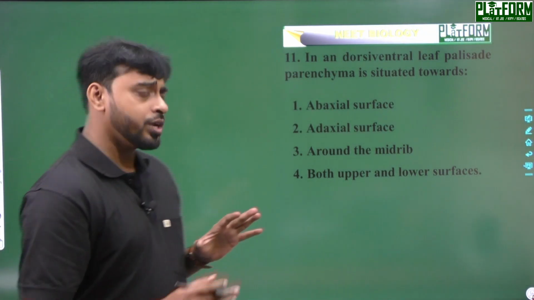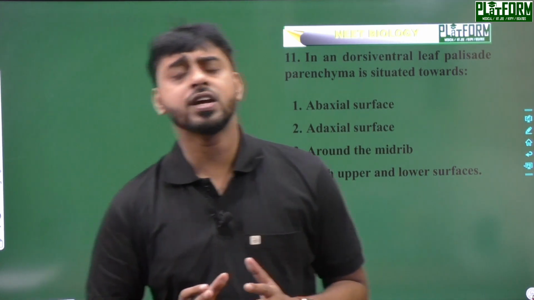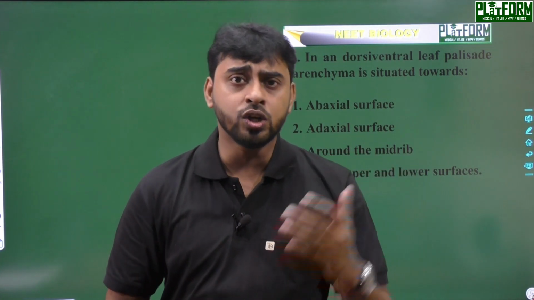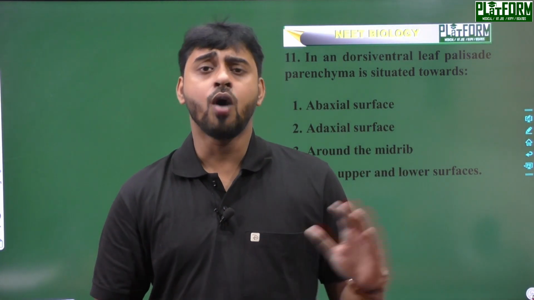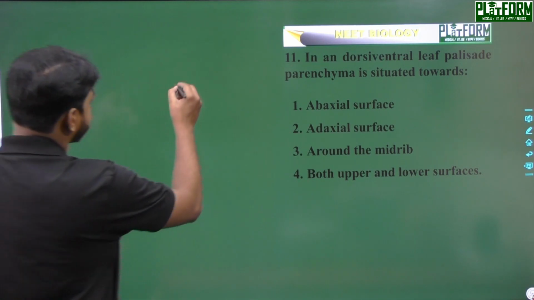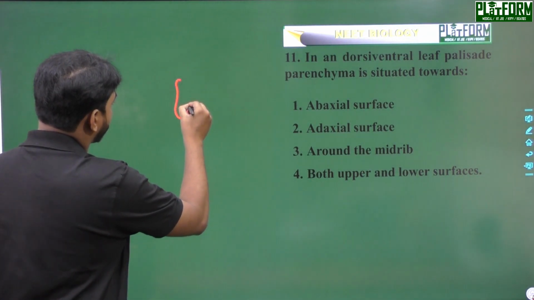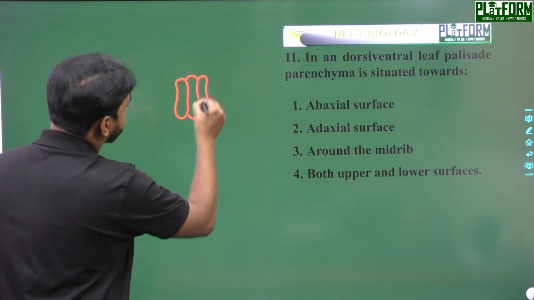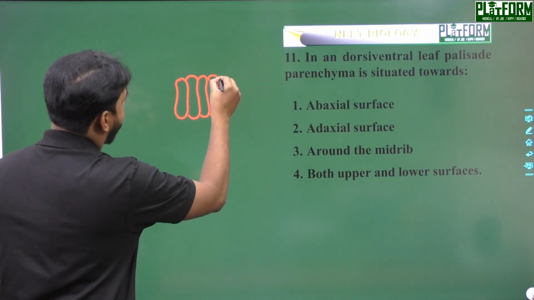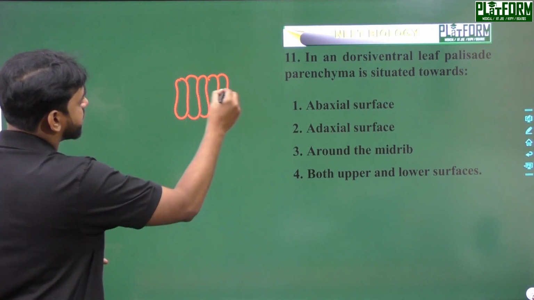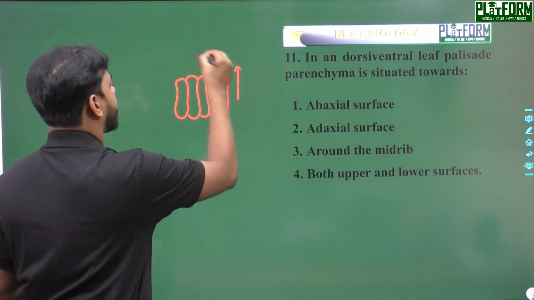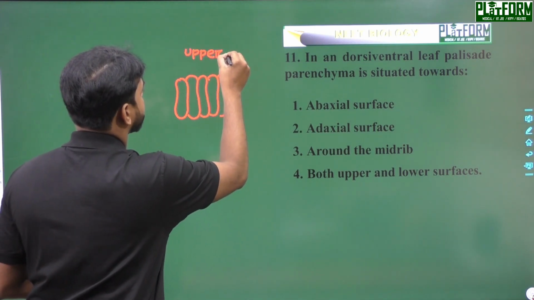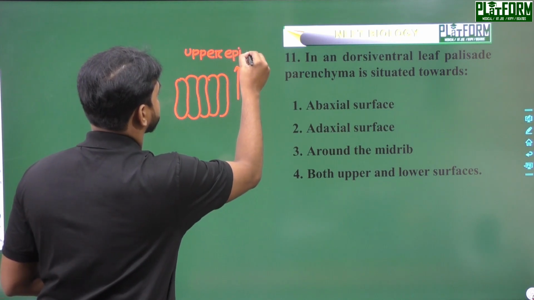Now we know that in a dorsiventral leaf, the mesophyll cells are differentiated into two types of parenchyma. One is known as palisade parenchyma, which is an elongated structure, and this elongated structure is situated towards the upper epidermis.